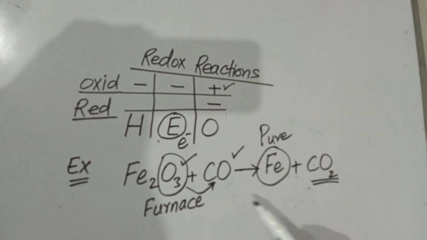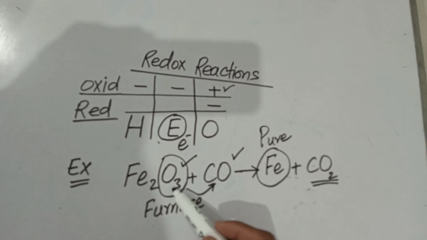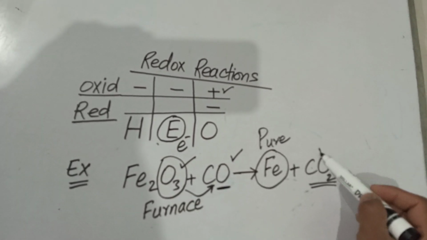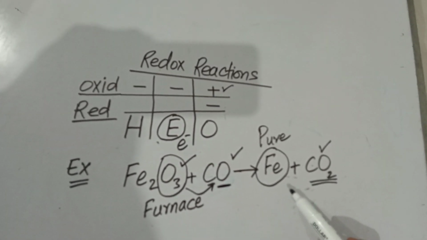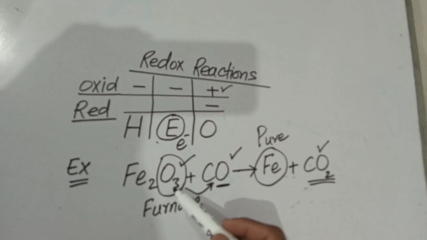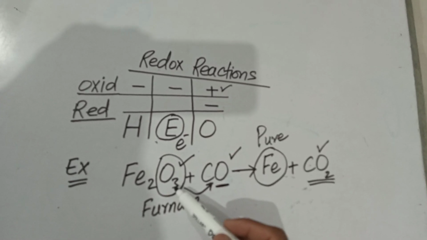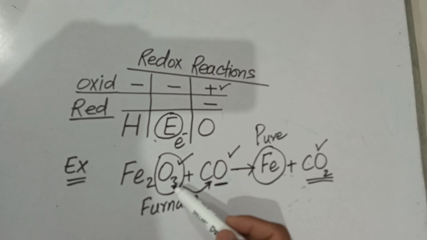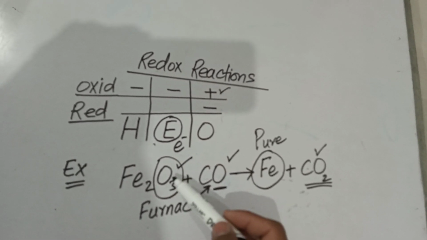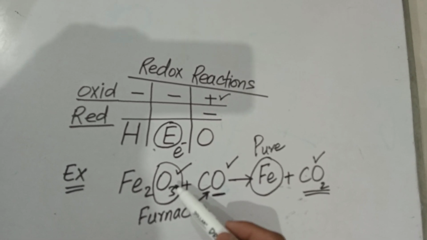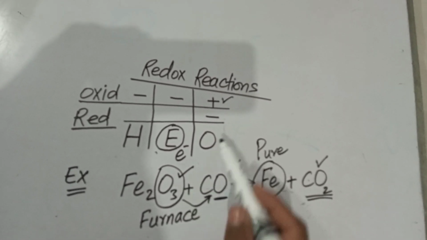The oxygen which is removed from this iron ore shifts towards the carbon monoxide, resulting in the formation of carbon dioxide. So if oxygen is removed from any compound, any metal, any element, then the element, compound or molecule undergoes reduction.